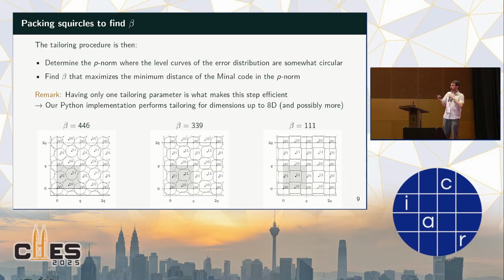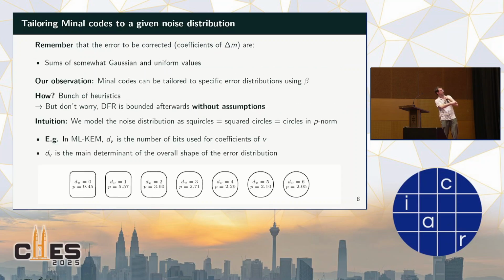Now, if you want to tailor the code or find the best code, what you do is pack the squircles. You find the best multi-dimensional packing of these squircles. You determine the p-norm where the level curves of the error distribution are somewhat circular. This will capture essentially the overall shape.